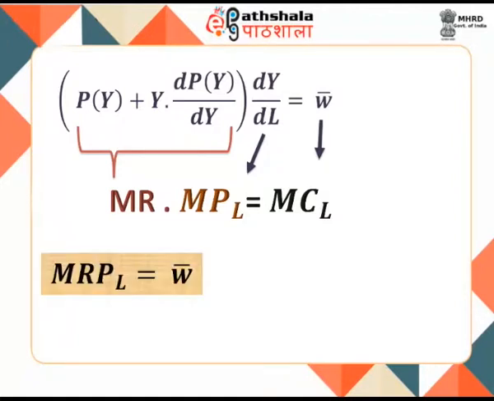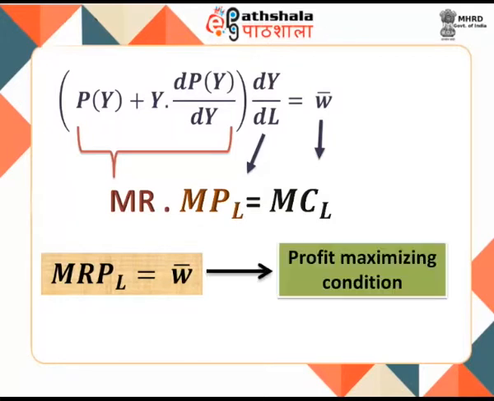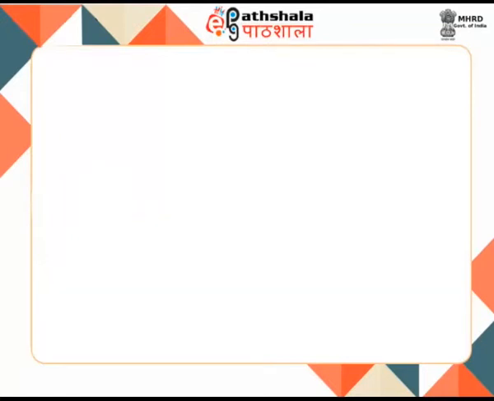Hence, marginal revenue productivity of labor is equal to wage rate w̄. That is, profit is maximized at the level of labor at which the marginal revenue productivity of labor equals the marginal cost of labor, or wage rate. Thus, we obtain the demand curve for the variable factor input, labor, from this marginal condition.